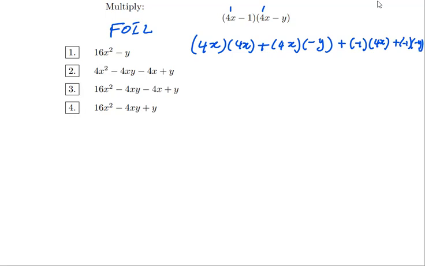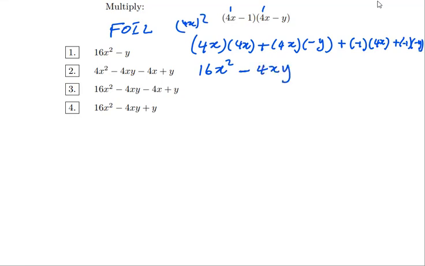Then we multiply these out. 4x times 4x is 16x squared, because this is just the same as 4x squared. Minus, so 4x times minus y is minus 4xy.